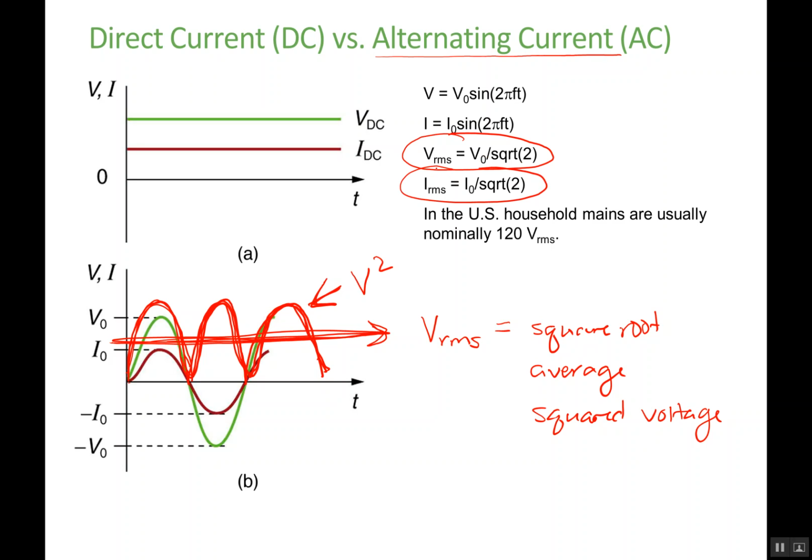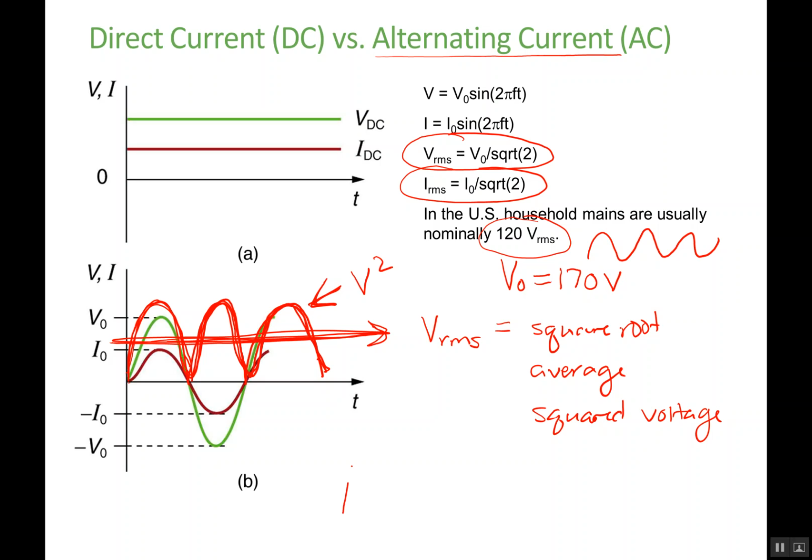In the United States, we say that household mains, the voltage that you get if you plug into a receptacle in your house, is nominally 120 volts. What we're really saying is it's 120 volts RMS, because it's an alternating voltage. Using this equation, if it's 120 volts RMS, the actual maximum voltage is close to 170 volts. 170 divided by the square root of 2 is about 120.